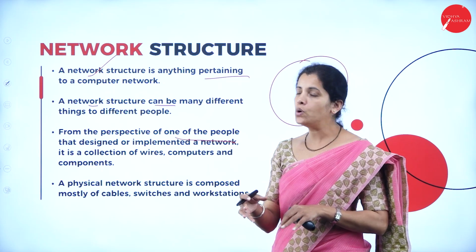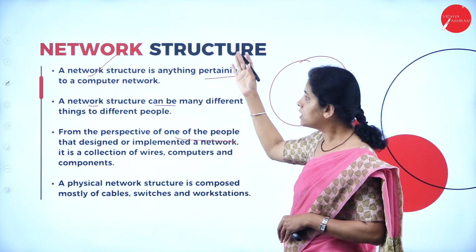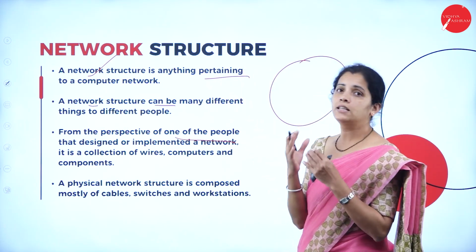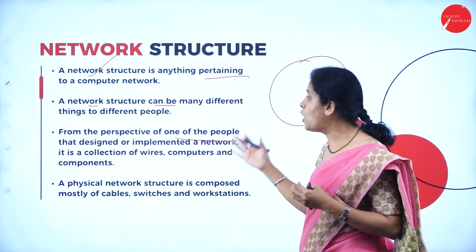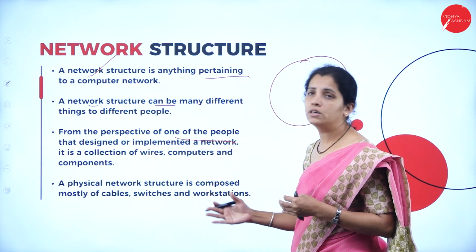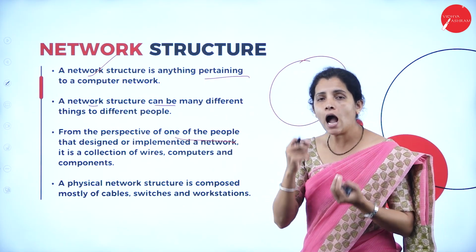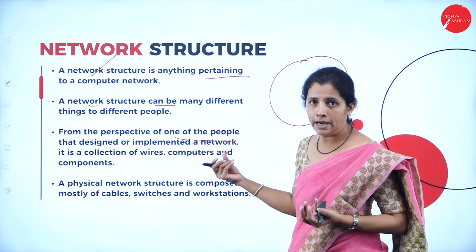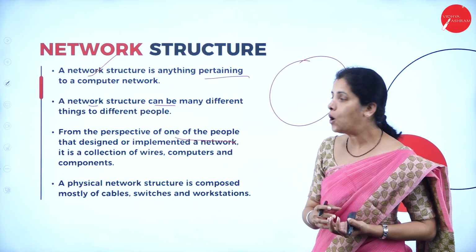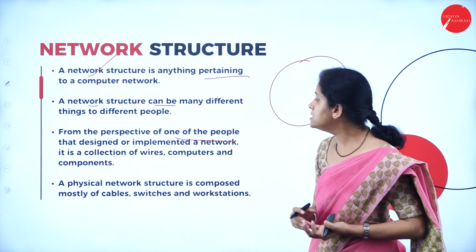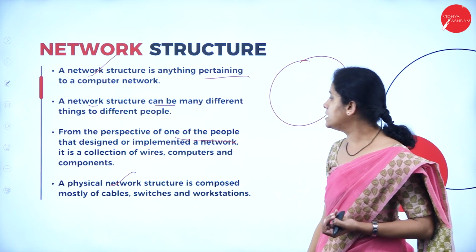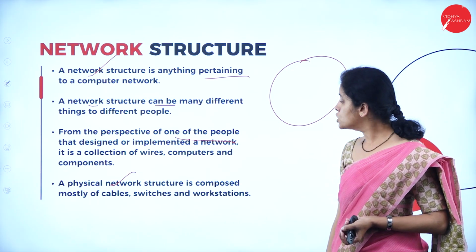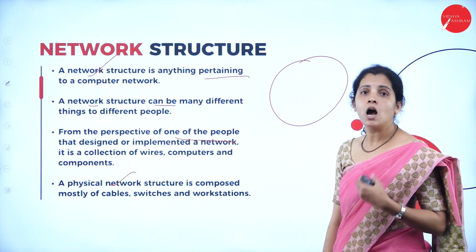According to the user view, what is the structure of a computer network? That's nothing but the collection of wires, computers and components, and how these are implemented either logically or physically. A physical network structure is composed mostly of cables, switches, workstations, hubs, routers, bridges.